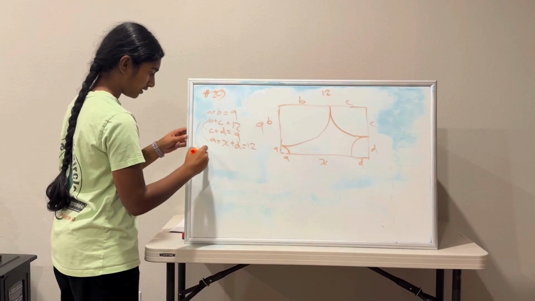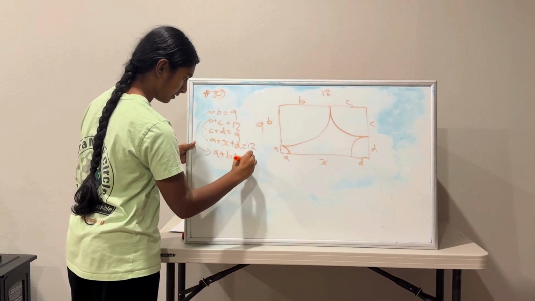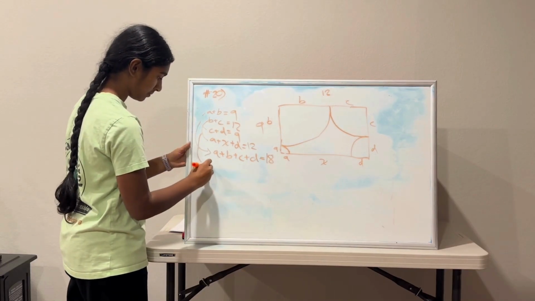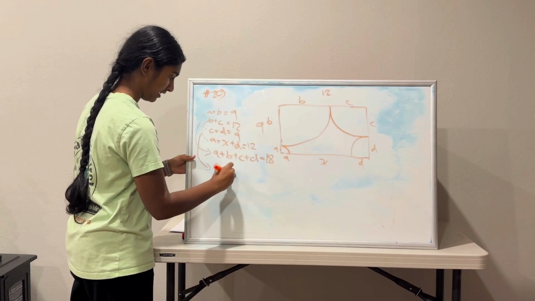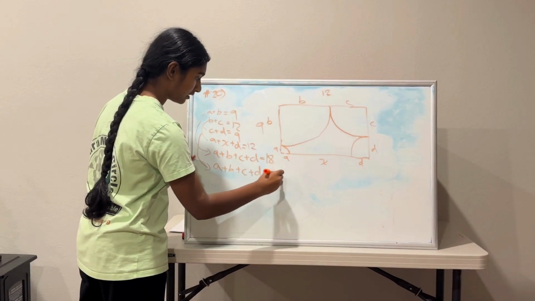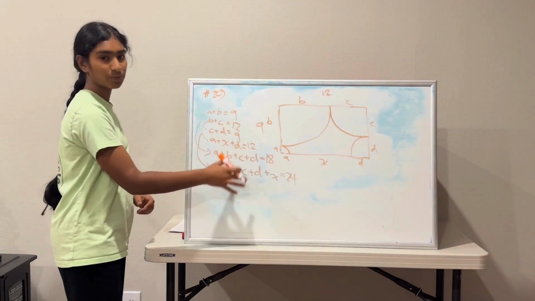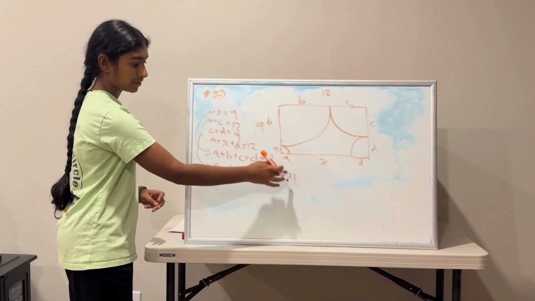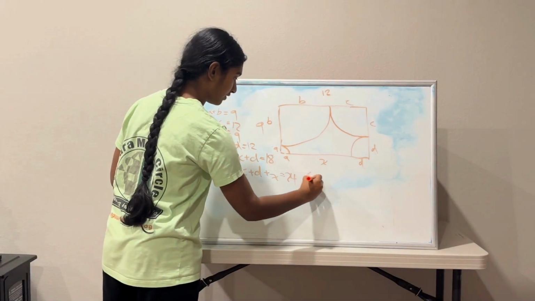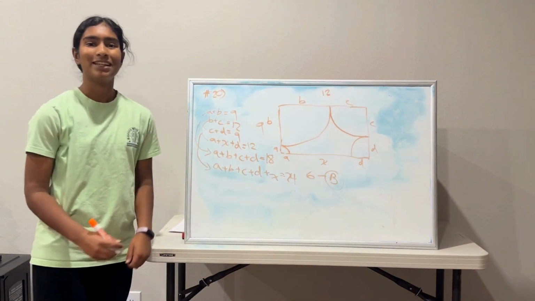So this would become a plus b plus c plus d equals 18. And this becomes a plus b plus c plus d plus x equals 24. So the only difference between these is x, but this is 6 more, which means x must equal 6. So our answer is 6, which is B. So our answer is B.